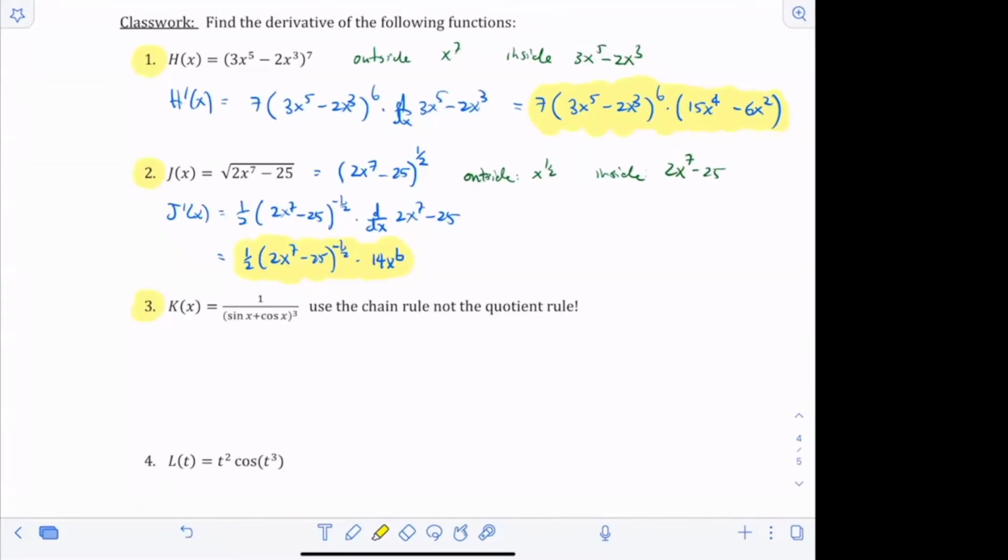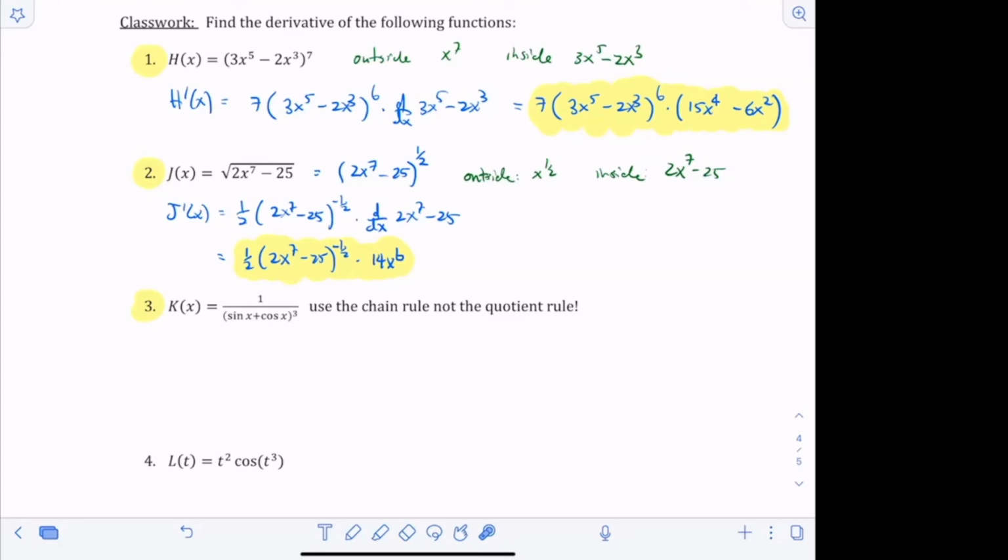I don't need to see that, but you could totally rewrite this as 1 over the square root of 2x to the 7th minus 25 in the denominator because of that negative power. So I'm glad you recognize it would be a fraction and that part goes on the bottom. But I like exponential form actually. Okay, thank you.